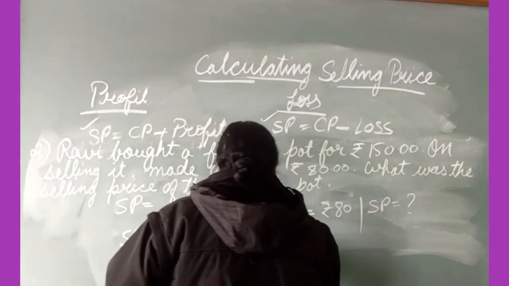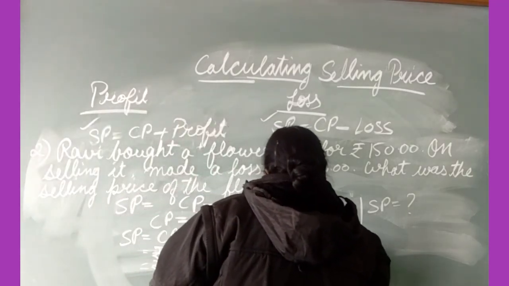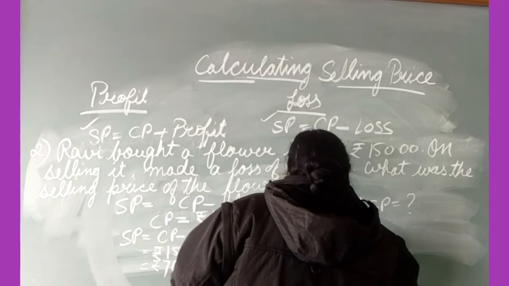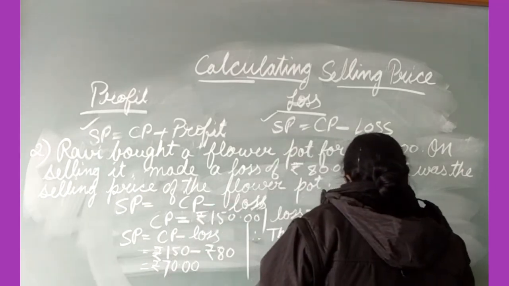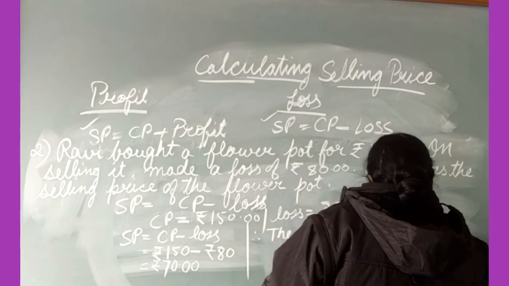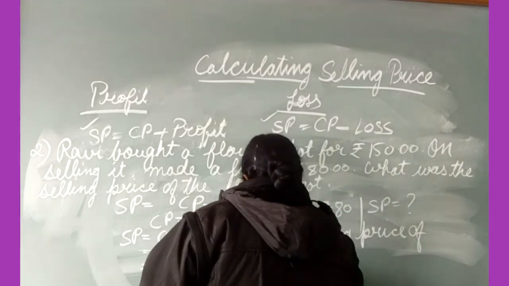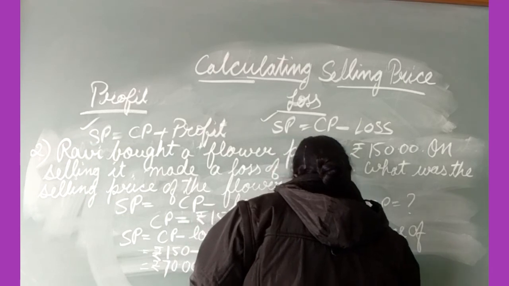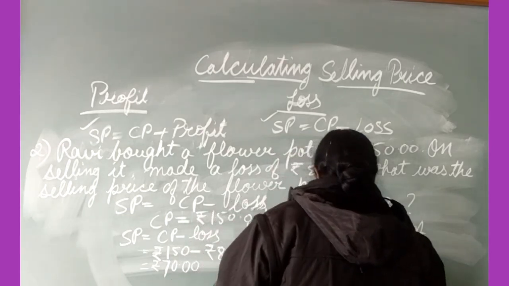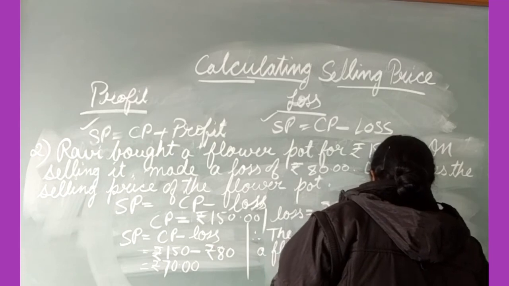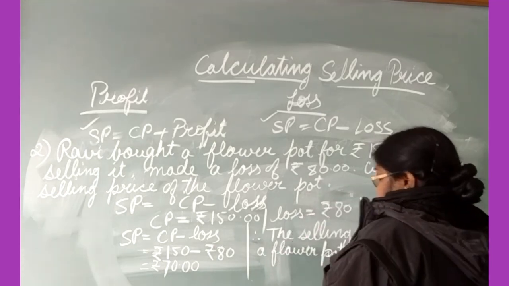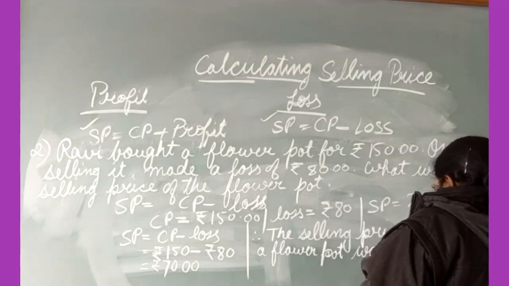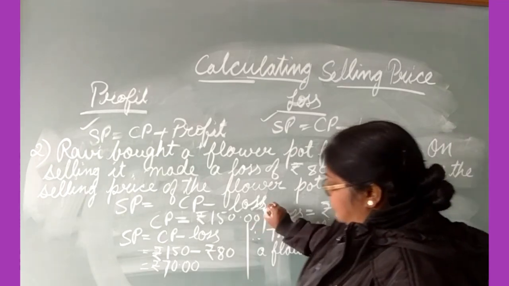Therefore, what will we write? The selling price of a flower pot was rupees 70. Okay, it is clear to you all.